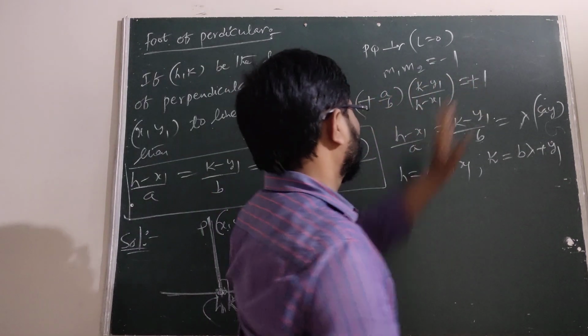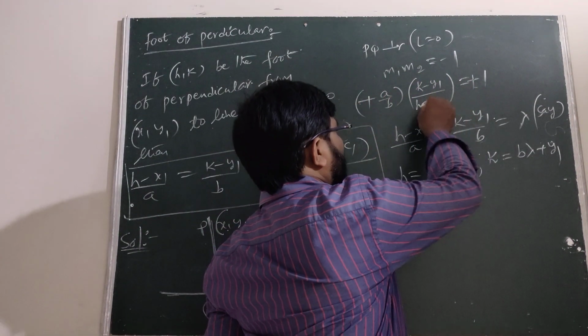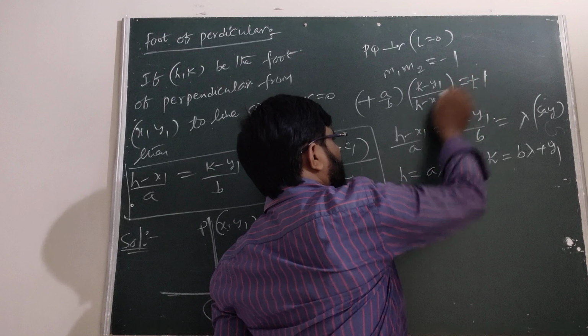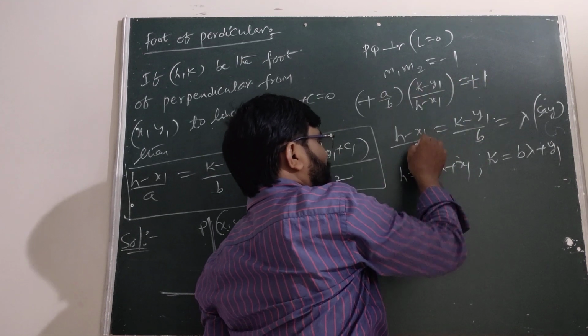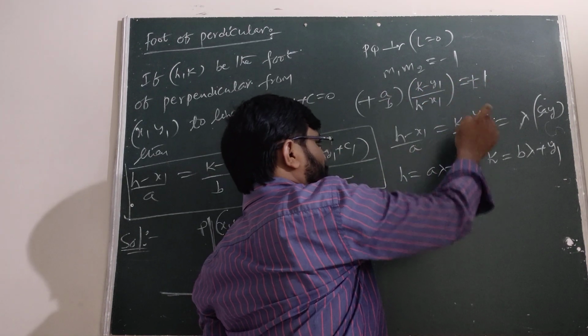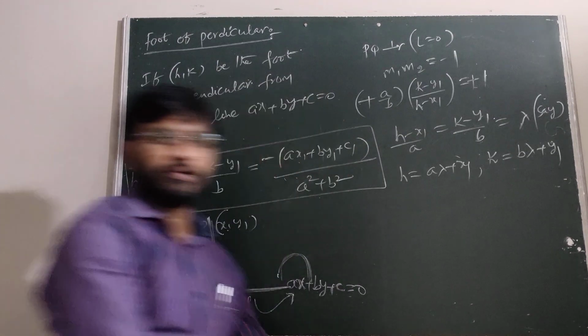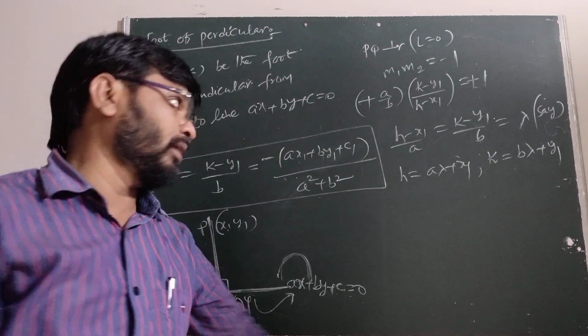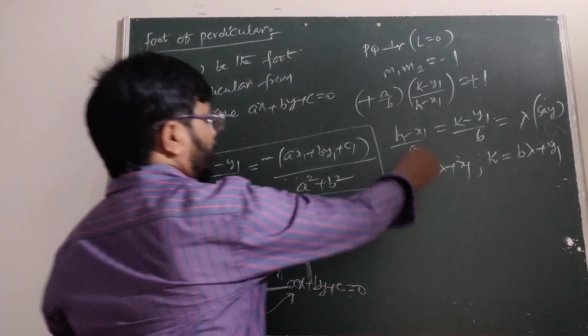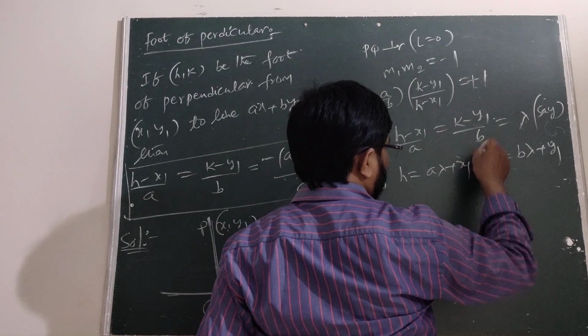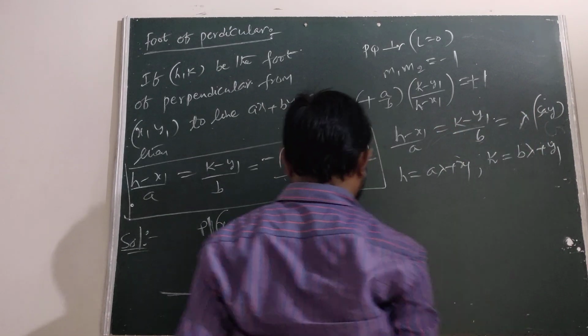Minus of minus is plus. The (h - x1) goes to the other side, giving (h - x1)/a = (k - y1)/b. We say that this is lambda. Now we are going to find lambda: h = a lambda + x1 and k = b lambda + y1.